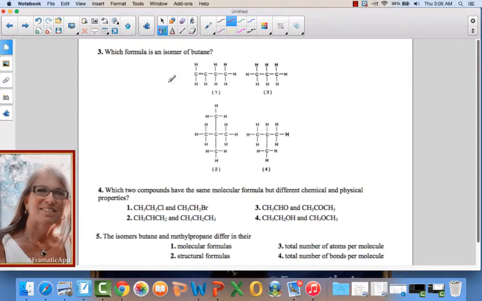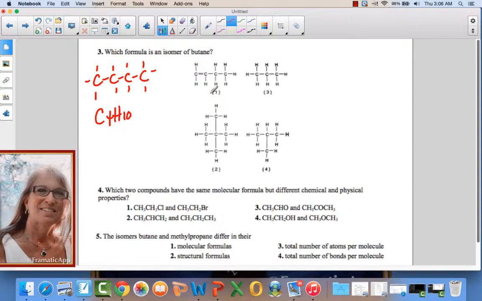Which formula is an isomer of butane? Well, you have to know what butane is first. But means 4, and ane is all single bonds. So it's going to be C4H10. So I'm looking for C4. This has a double bond.